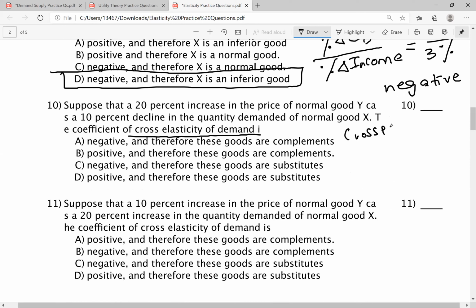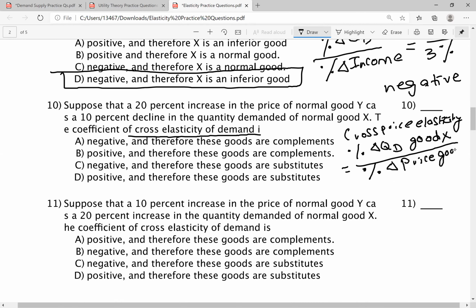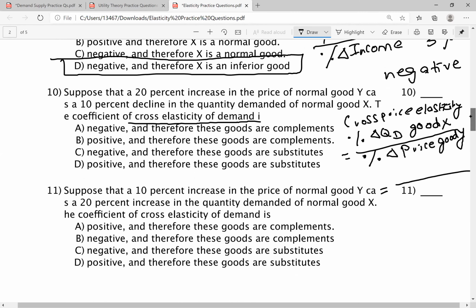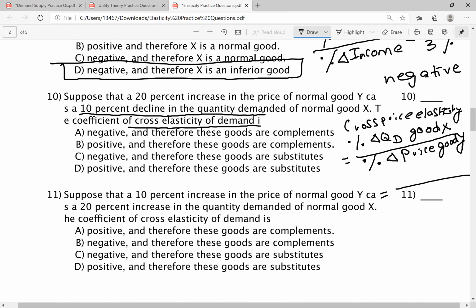The way you define the cross price elasticity of demand is equal to percentage change in quantity demanded of good X over the percentage change in price of good Y. So over here, there is a 10% decline in the quantity demanded of a normal good X. So the quantity demanded is going down by 10% for good X, and the price of another good, which is good Y, is increasing by 20%.